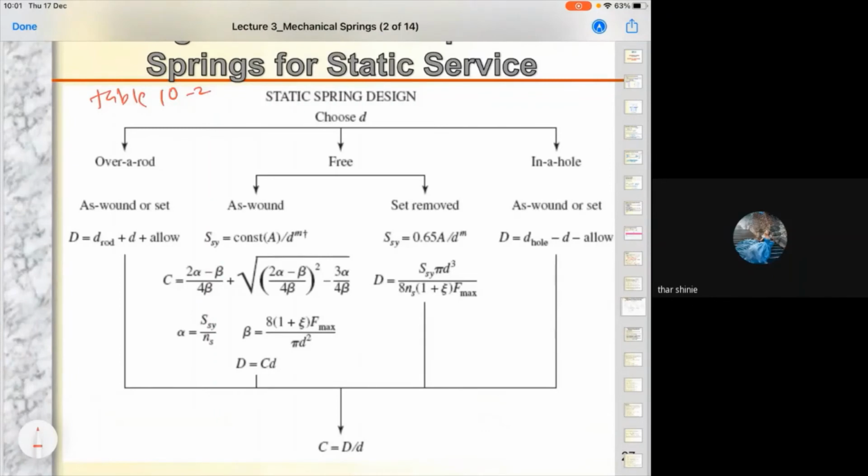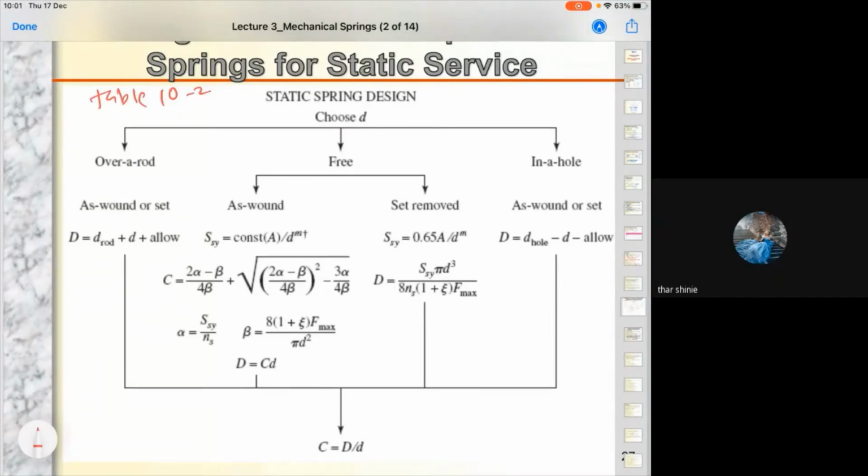Kalau you buka textbook, mana dia? Design strategy figure 10.3, nanti kita discuss dalam kelas yang seterusnya. Tapi NS is actually equal to value yang ni.